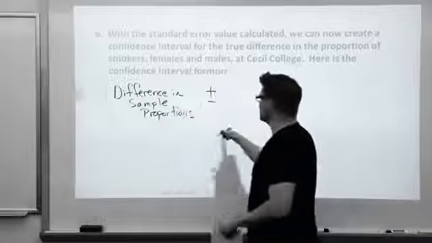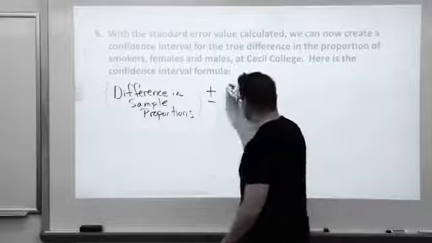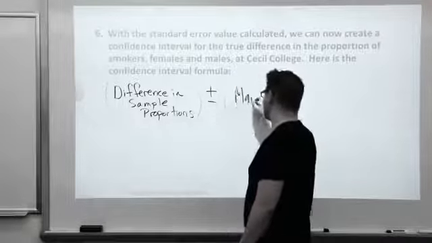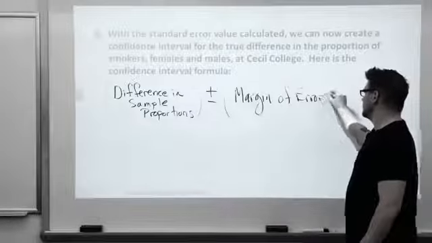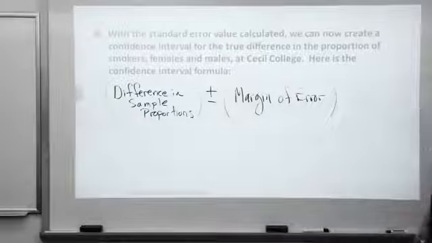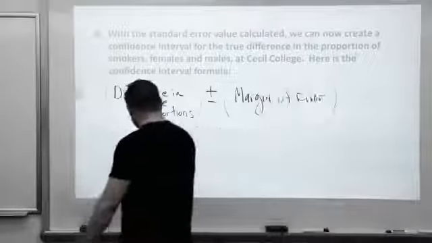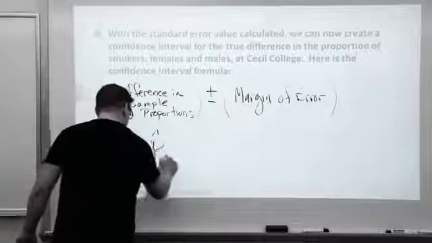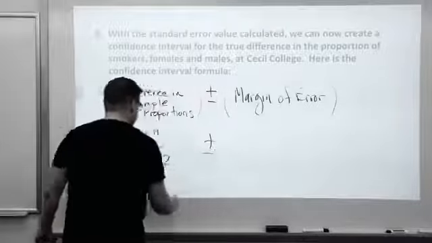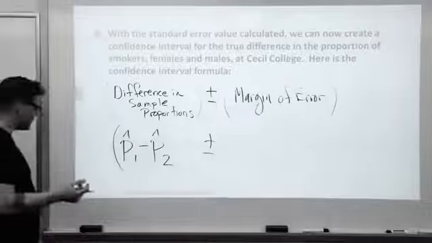And all confidence intervals look like this: give me your best guess, plus or minus this part over here, which would be margin of error. We know this already. Now don't get scared when I put the formula down. Over here will be p hat 1 minus p hat 2, and then I'll add and subtract. You can put this in parentheses if you want. That's the quantity over there.